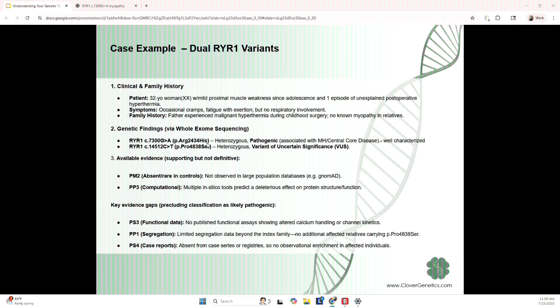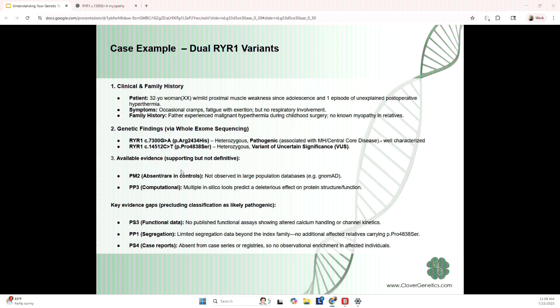So there comes in some nuance there. But in this case, this specific variant has been reported prior in terms of MH and central core disease. However, a second variant was identified in, again, the RYR1 gene that had not been previously characterized. And on the report, the lab provided why they classified this as a VUS.